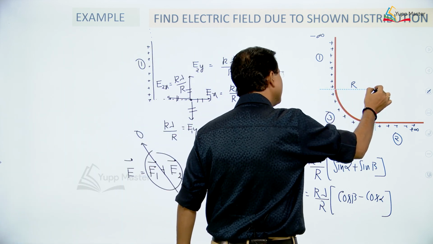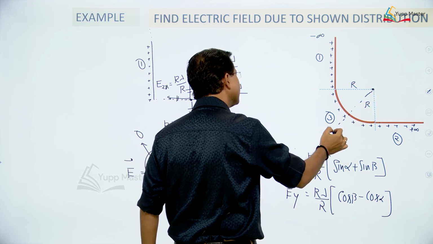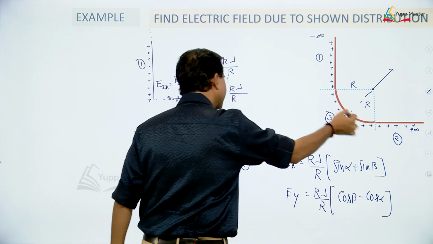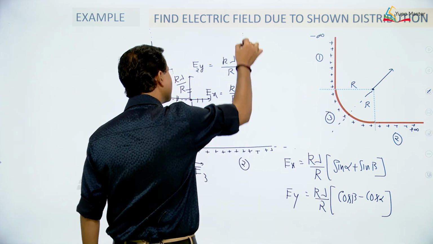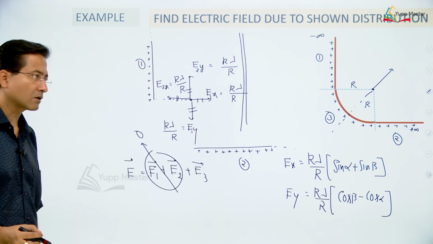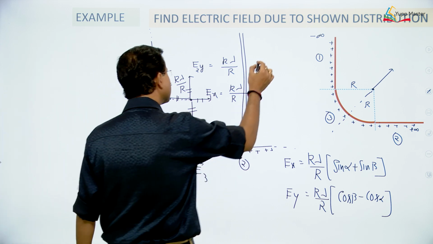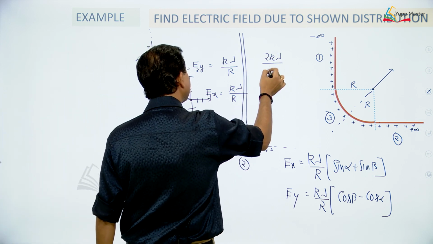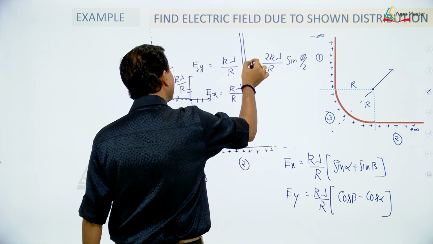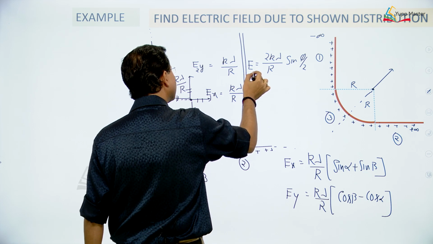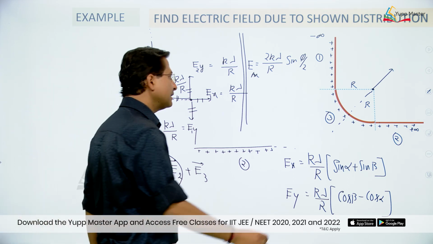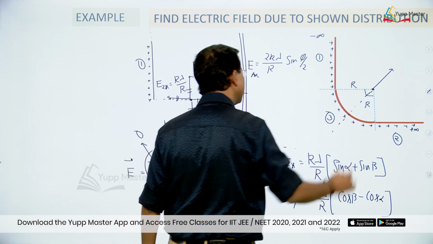the field here will be, just now we have seen, in this direction. And the formula for a circular arc at the center is 2k lambda divided by r sin phi by 2. That was the formula for an arc or part of the ring. Here the angle subtended by the arc at the center is 90 degrees.